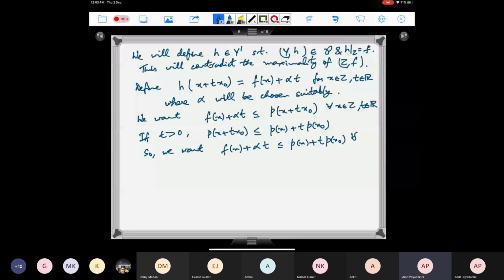If we get this, then we get the condition for t positive, and then we have to do it for t negative also. This is equivalent to, if I divide by t, f of 1 by t x plus alpha is less than or equal to p of 1 by t x.